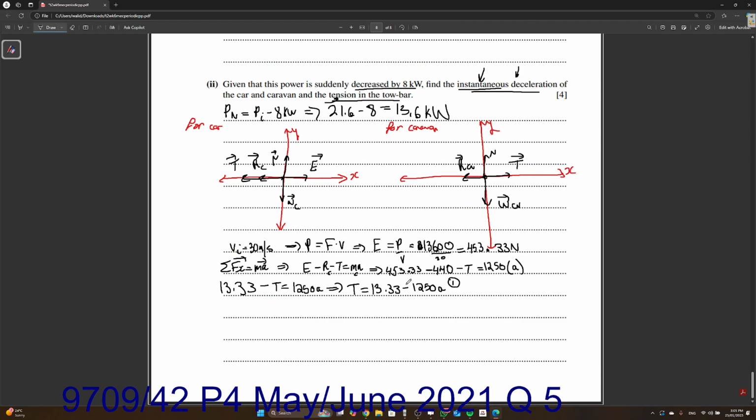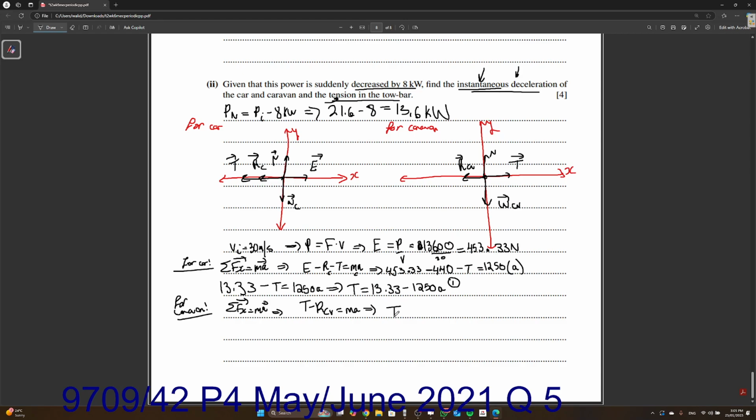How about for the caravan? We know that it's moving to the right, so for the caravan also sigma Fx is equal to ma. Therefore T minus R of the caravan is equal to the mass of the caravan times acceleration.